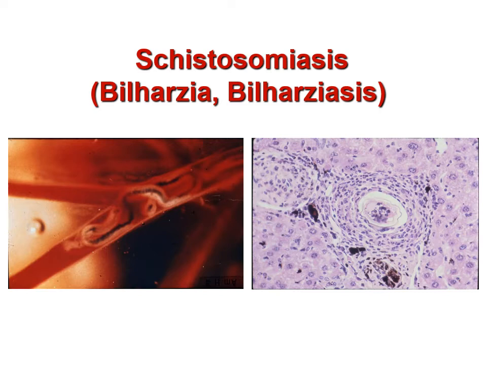So precisely, the adult parasites are usually found either in the mesenteric veins, if they are Schistosoma mansoni or japonicum, or in the vesical veins around the urinary bladder if the parasite is Schistosoma haematobium, and they release eggs.